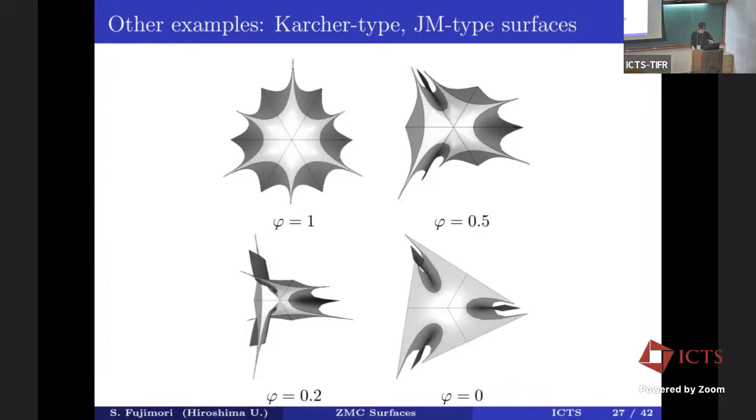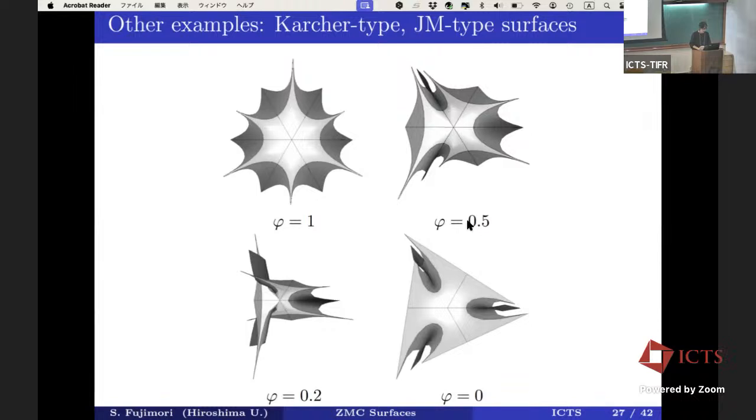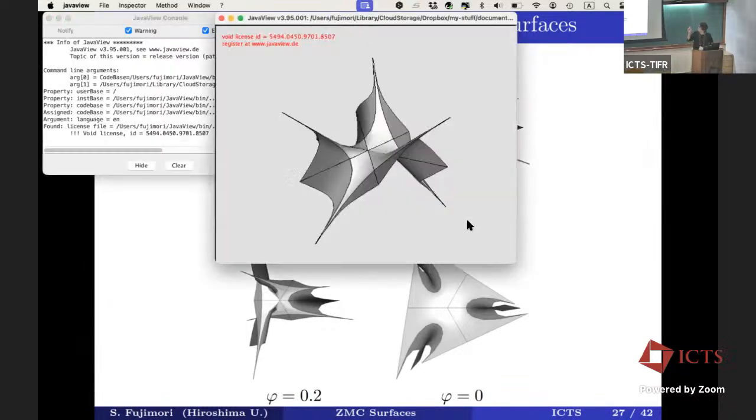So there is a deformation of Karcher's surface. In Karcher's phi equals 1 case, the ends are located symmetrically on the equator. And then as phi moves, the symmetry breaks, and when phi goes to 0.5, we have this surface a bit deformed.